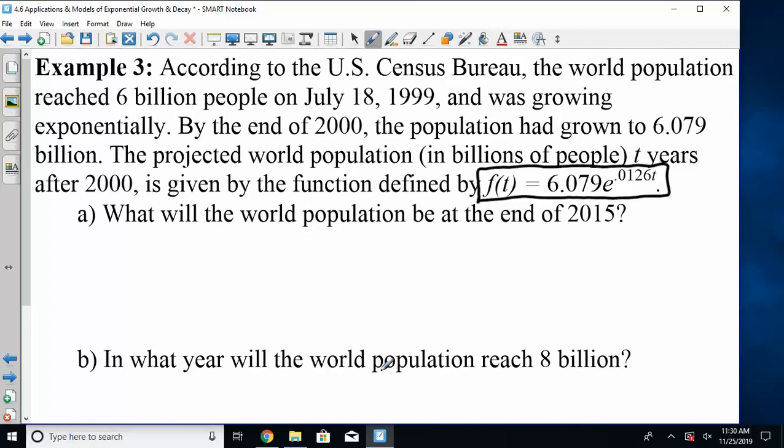Okay, so am I plugging in 2015 in for t? Right. t is the years after 2000, so that would be 15 years.